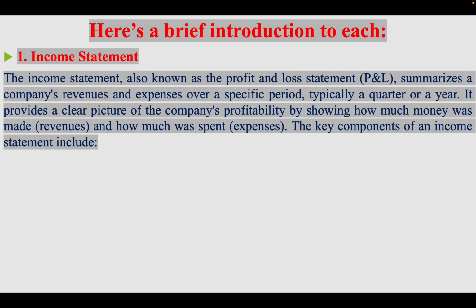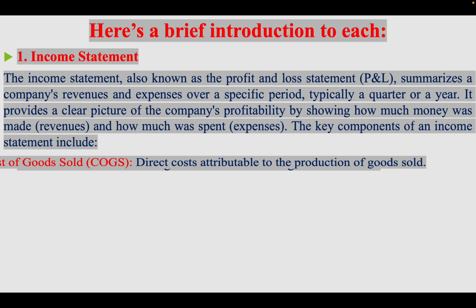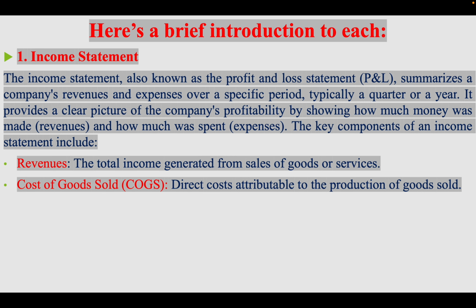The key components of an income statement include revenues, the total income generated from sales of goods or services. Cost of goods sold, COGS, direct cost attributable to the production of goods sold.